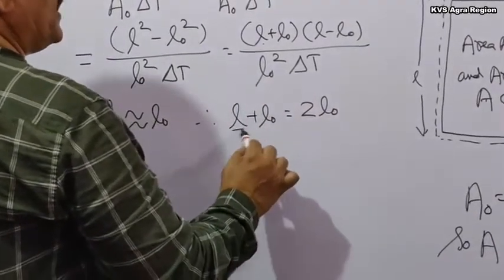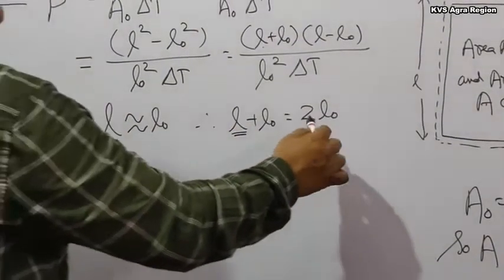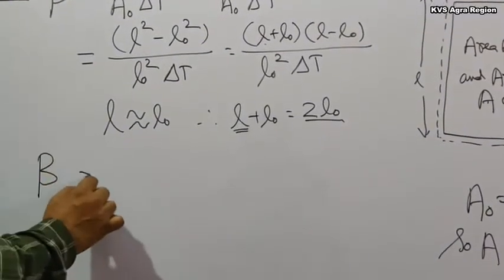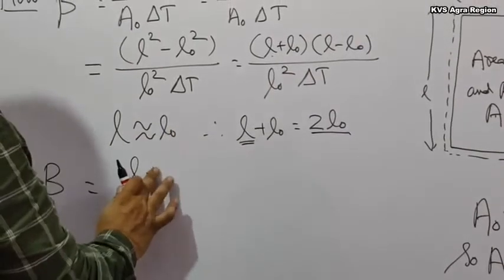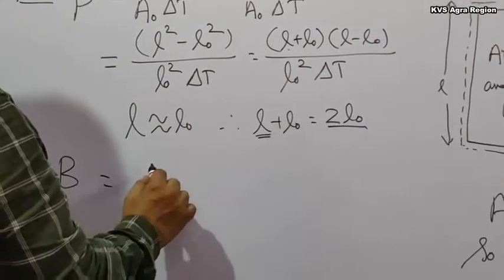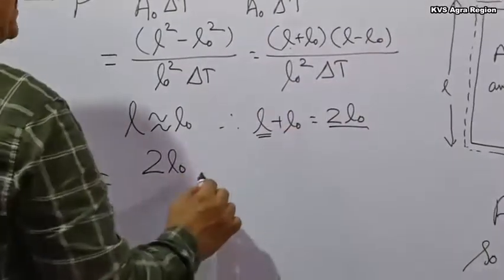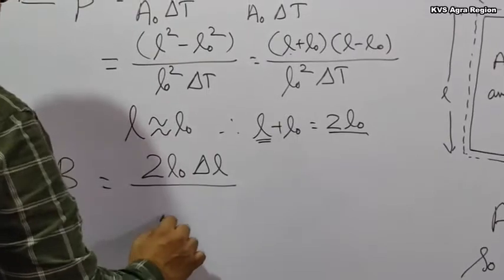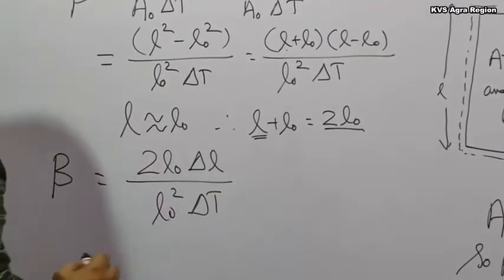So this beta will become 2L naught into L minus L naught, that is delta L, upon L naught square delta T.